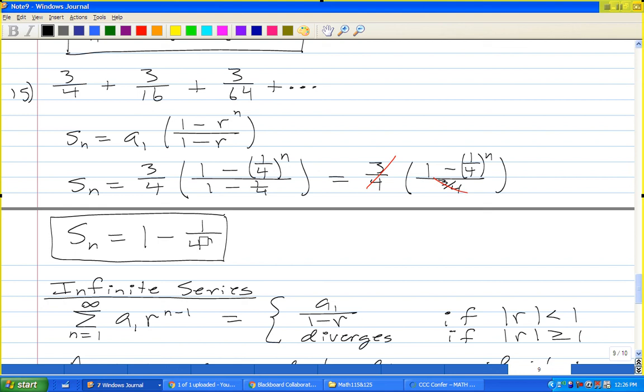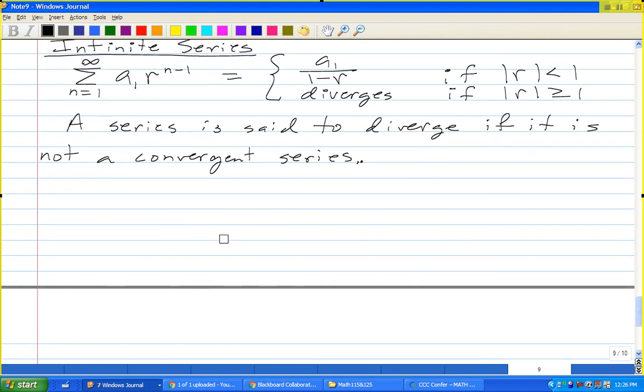As n keeps getting larger and larger, this total value is getting smaller because it's 1 over a very big number. And so if I add up 3/4 plus 3 over 16 plus 3 over 64 and add it up forever, notice that this value will approach 1. Okay? That's sort of a nice thing to know.